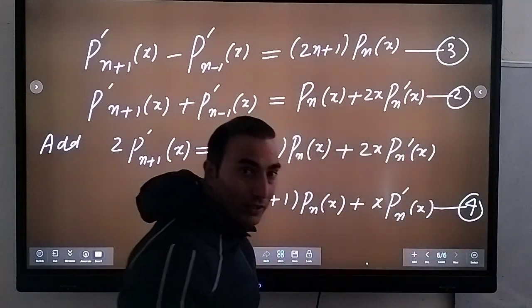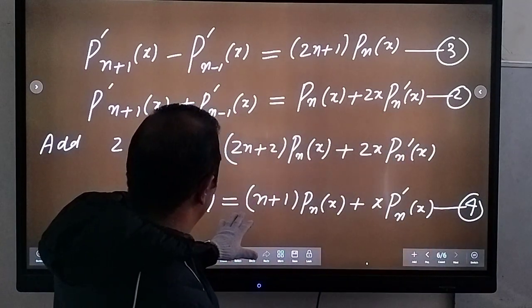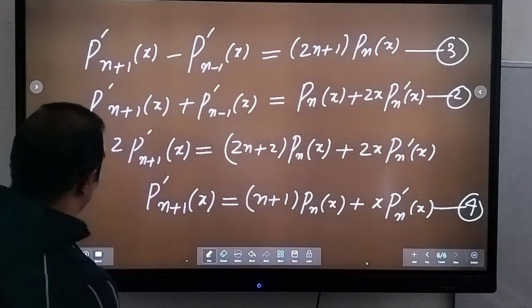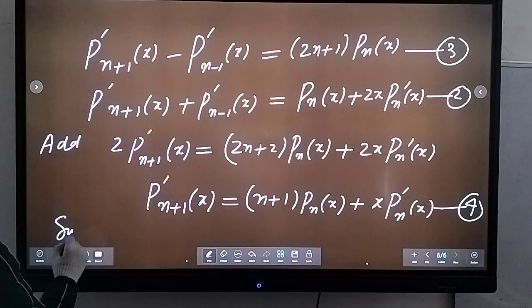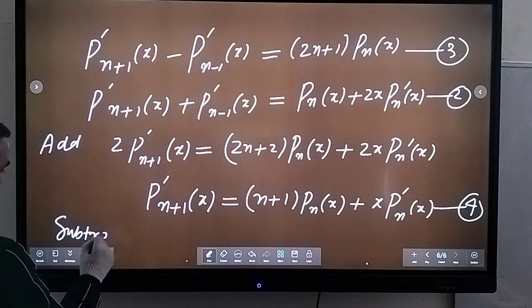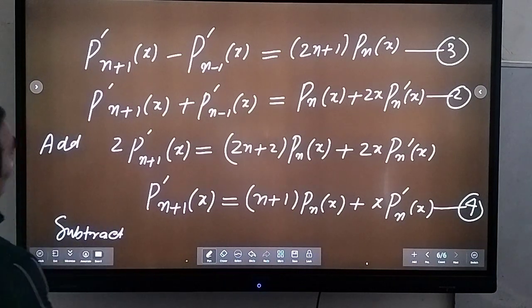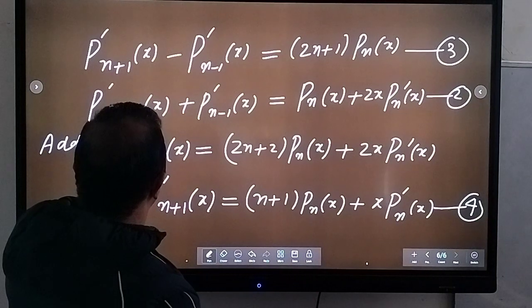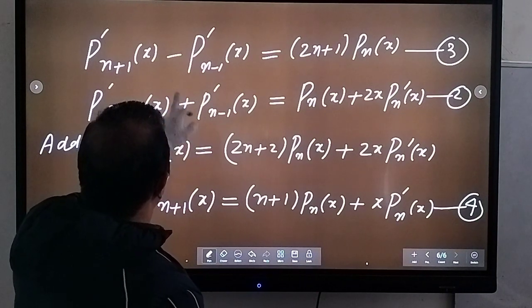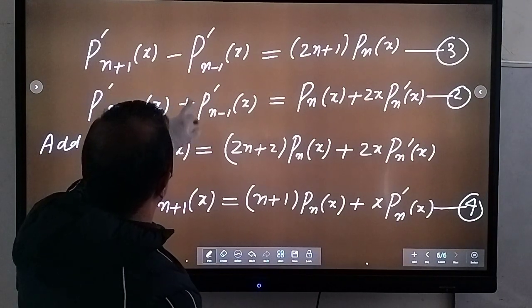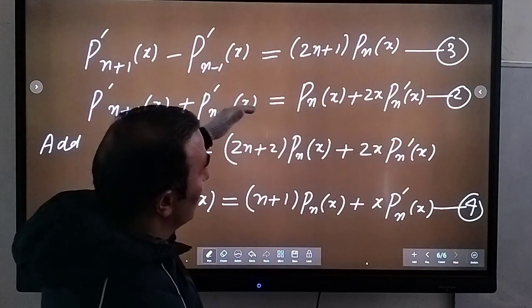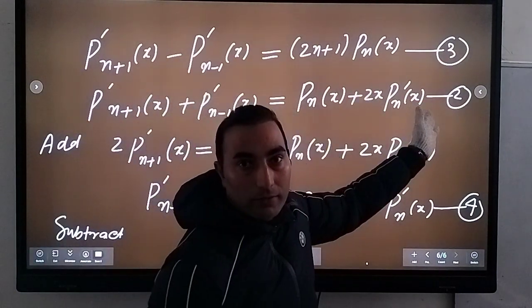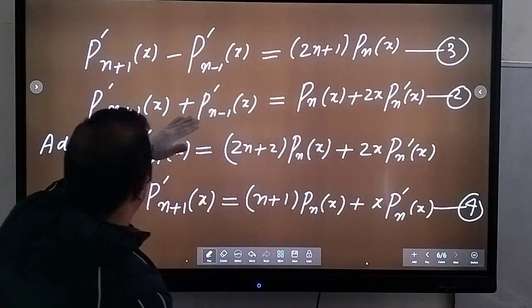Now I can get one more relation if you subtract them. So if you subtract these two relations, what should I get here? If I write this minus this, it means I'm subtracting third from second, right? So what will come here?